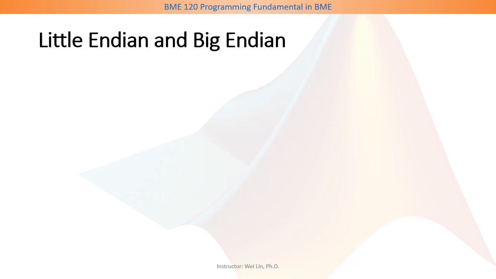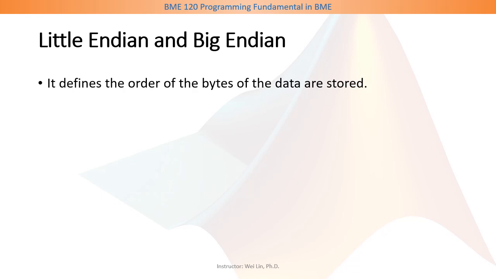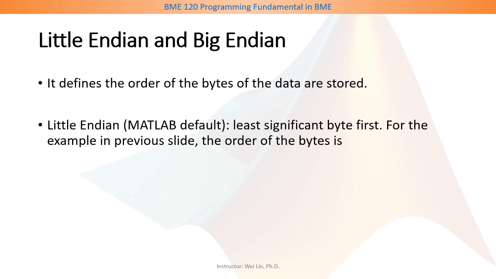After we got the 8 bytes of data in the previous slides, there's a question of how to store those bytes in a file. There are 2 ways to store the 8 bytes. The first is called little endian format. It's the default in MATLAB.